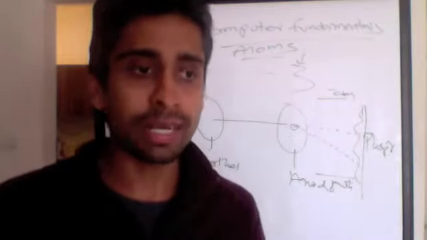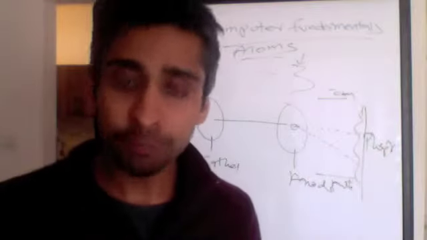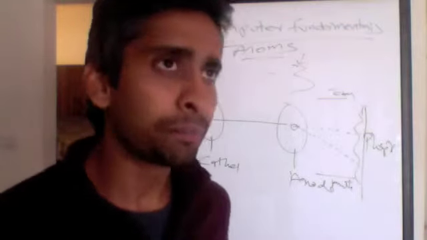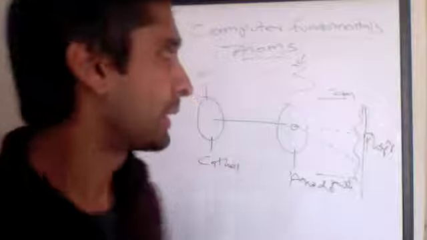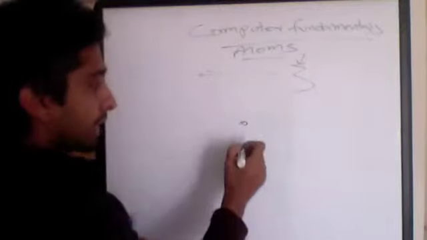So J.J. Thomson said that it had positive charges also, and he came up with a model called the Plum model, I think, the plum batter model or something like that. What he said was that an atom would look something like this.